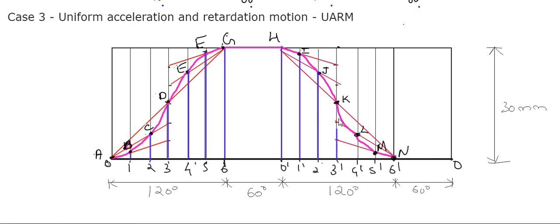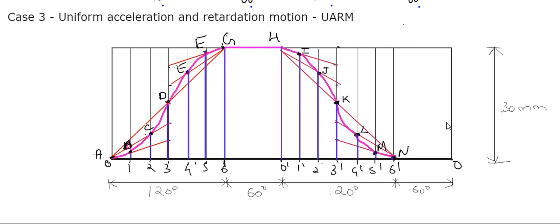These blue color lines are required for drawing the cam profile later. But for now, I'm just marking it because I can use the same diagram then. So this is how you draw it for uniform acceleration retardation motion.